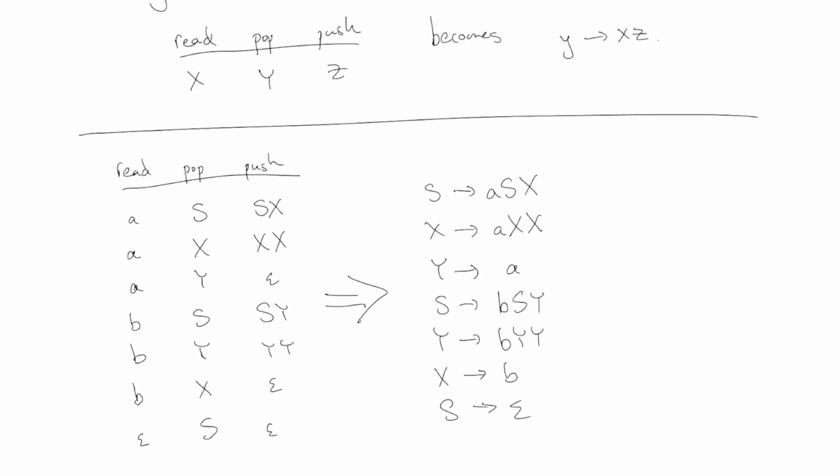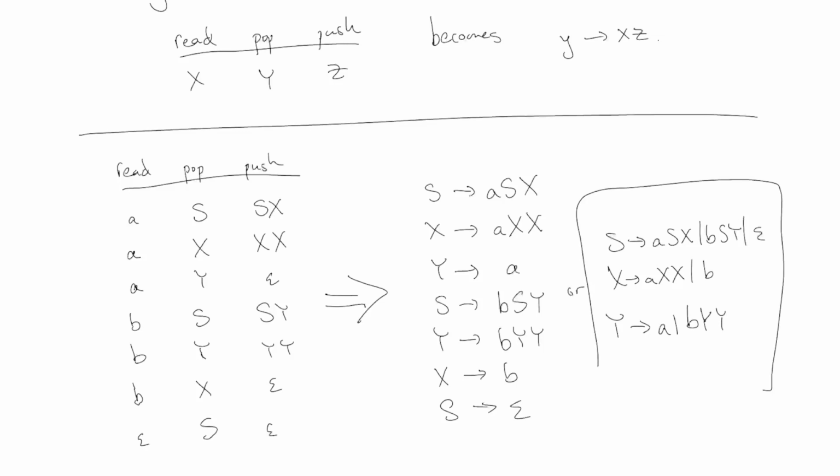This writes everything as individual steps, but of course we would more typically write this collected together. S goes to ASX or BSY or epsilon, right? X goes to AXX or B, and Y goes to A or BYY.